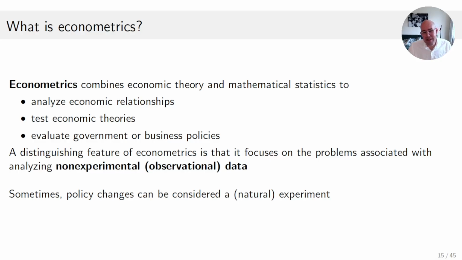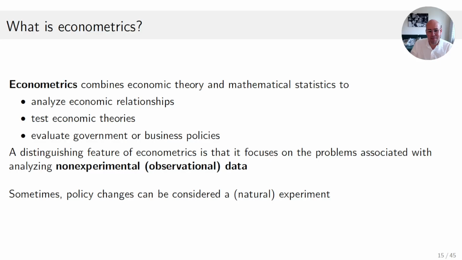Good. So what is econometrics? One way to put it is to say, econometrics combines economic theory and mathematical statistics to analyze economic relationships, test economic theories, and evaluate government or business policies. A distinguishing feature of econometrics is that it focuses on problems associated with analyzing non-experimental or observational data.